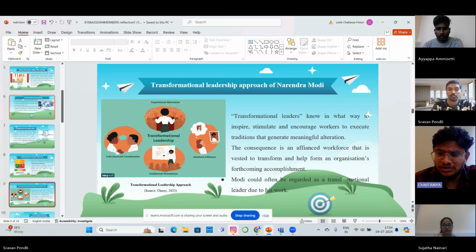His devotion has altered India into a country on the tip of international leadership. A transformational leadership style motivates a person to struggle beyond mandatory expectations and make an effort in the direction of a common vision. Similarly, Modi motivates the people among his followers to back him.